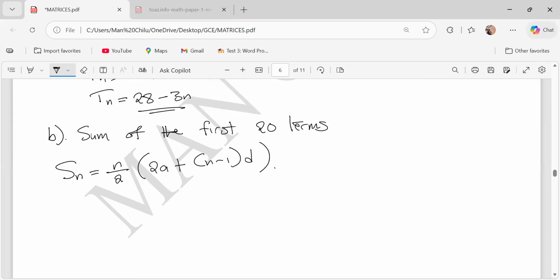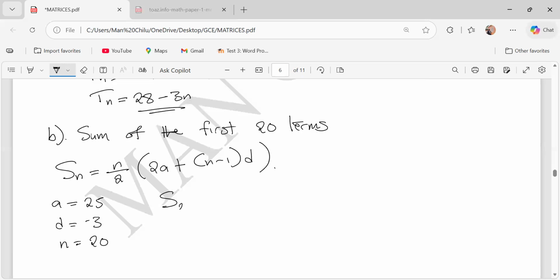We need to take note that a is the first term, and the first term here is 25. So a is equal to 25, and d is equal to negative 3. The value of n here is 20.